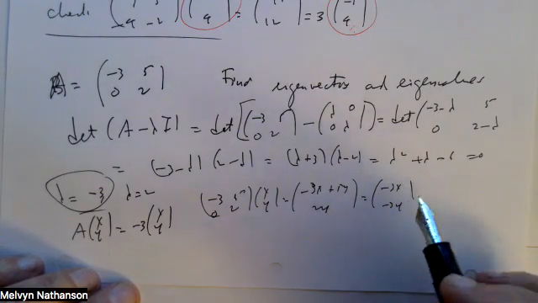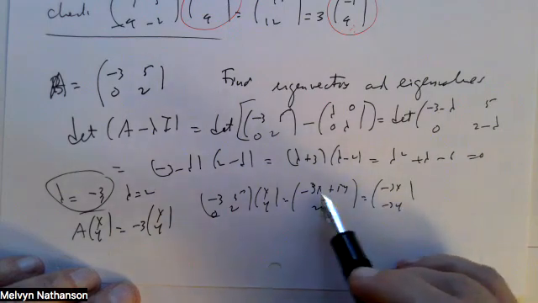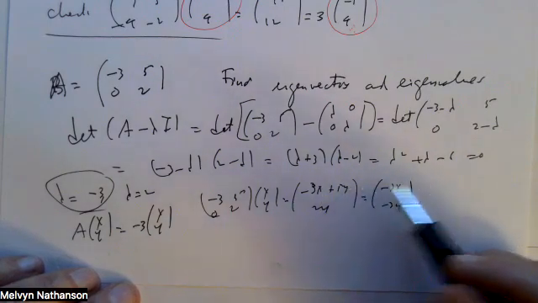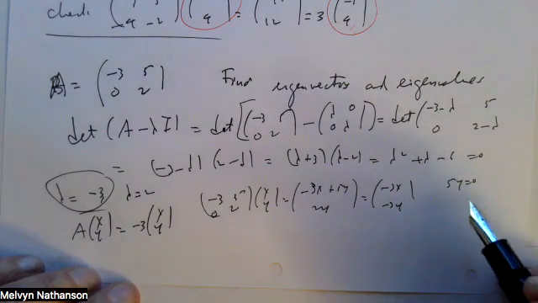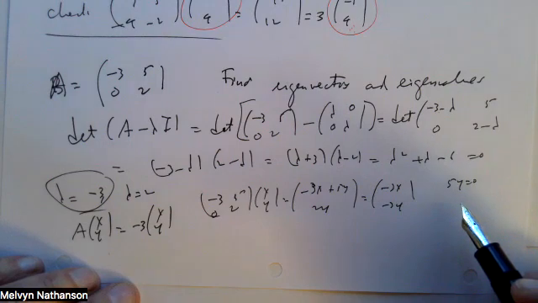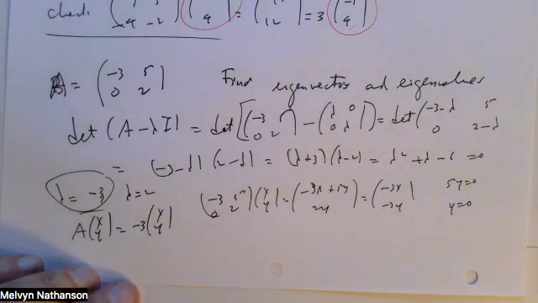So if you equate the first coordinates, this says 5y has to equal 0. So y is 0, and x can be anything.